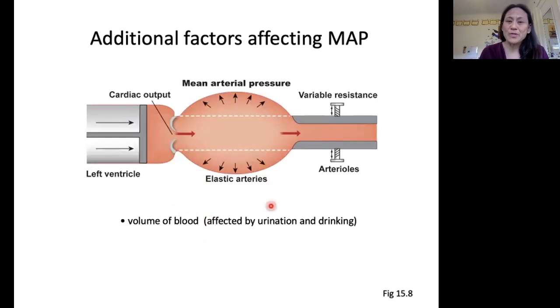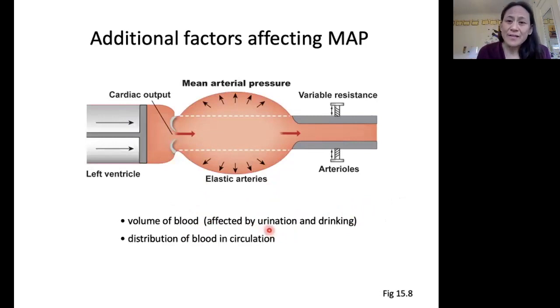Our blood volume is going to be affected by urination and drinking. If you pee a lot, your blood volume is going to go down. If you drink a lot, your blood volume is going to go up. That will make more sense later on when we study the kidneys.